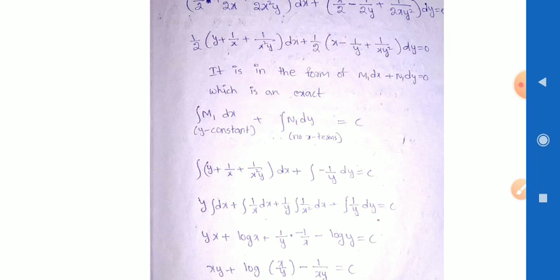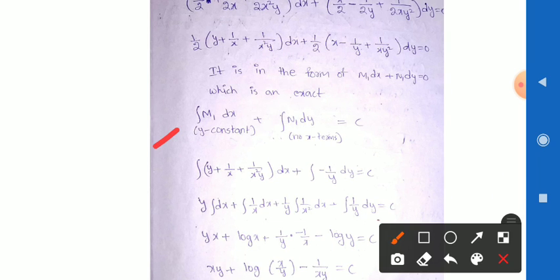Therefore for an exact differential equation, we have the formula: integration of M1 dx taking y as a constant plus integration of those terms of N1 dy in which no x term is present, is equal to c.